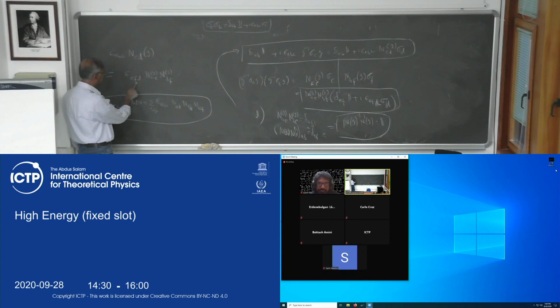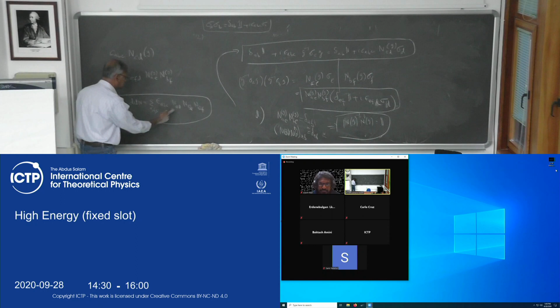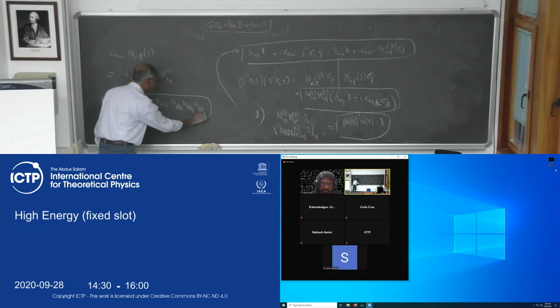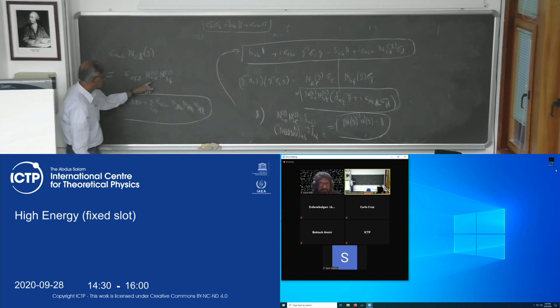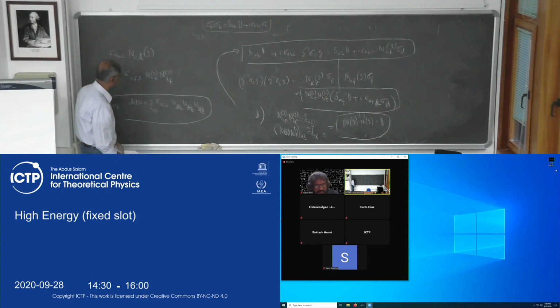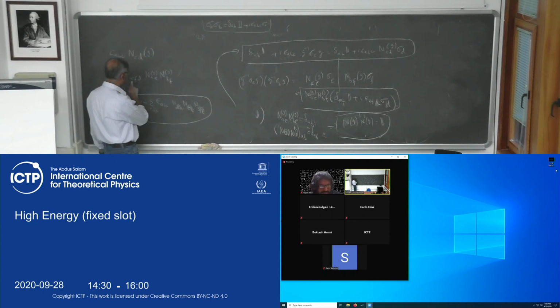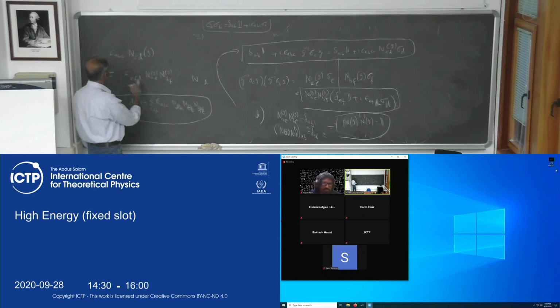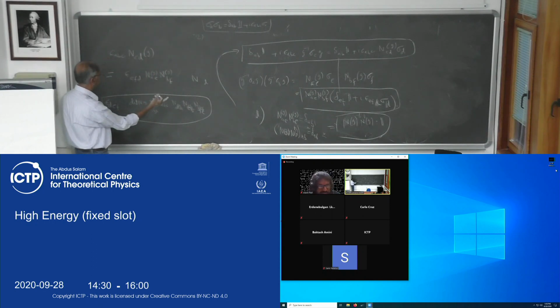Here I could have exchanged D, A, E, B, and F, C, so it doesn't matter. So let's see, this is next. I want to write it in the same notation, same symbol, but it doesn't matter. Suppose I multiply this side by something which has the index D here, and some index which does not appear here so far.